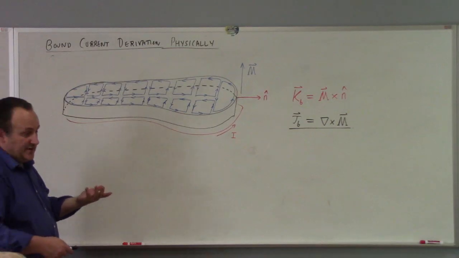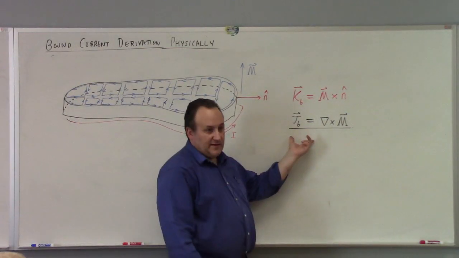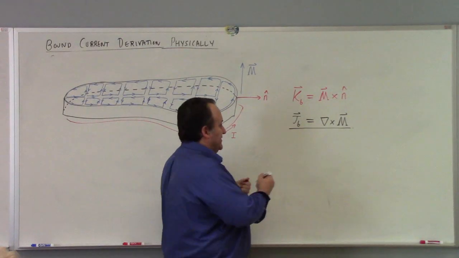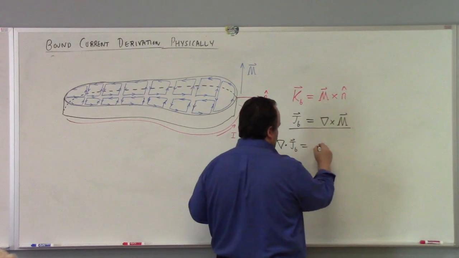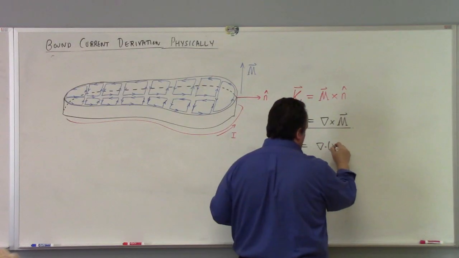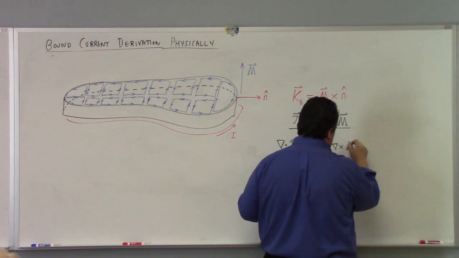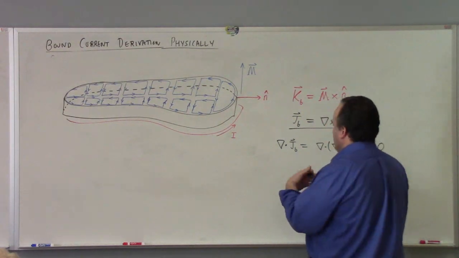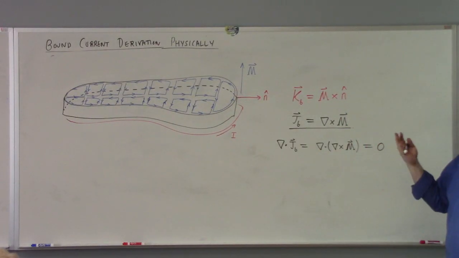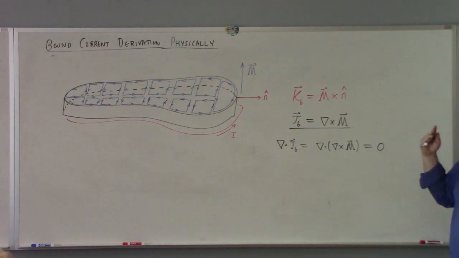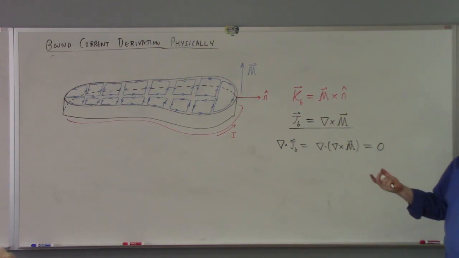Now, one thing I can explain to you is that this does give us a steady current. The divergence of the bound current is the divergence of a curl, and that is 0. That's not really surprising, because whatever the bound current is, the bound surface current and also the bound volume current, it's a property of the magnetization, which is not time varying.